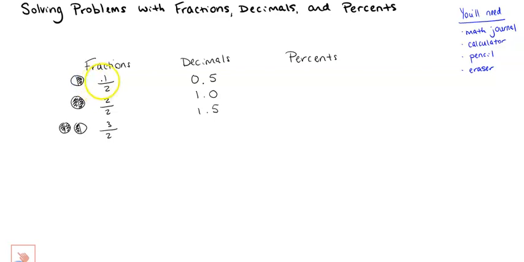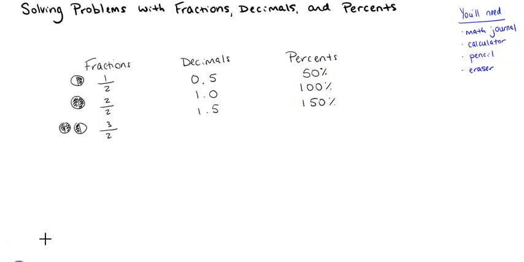So we have less than 1, 1, and more than 1. We have percentages. We might have less than 100%, 100%, or more than 100%.